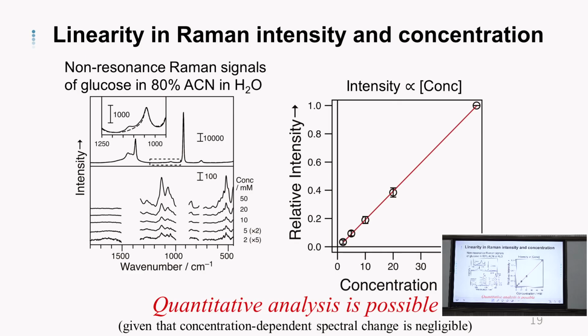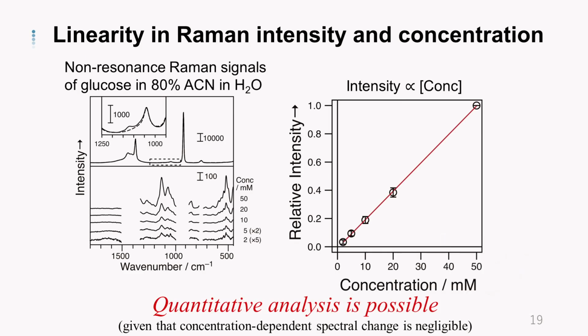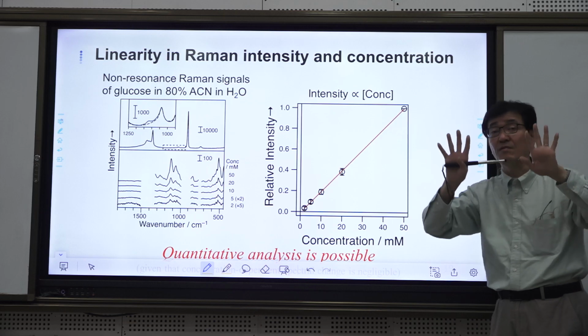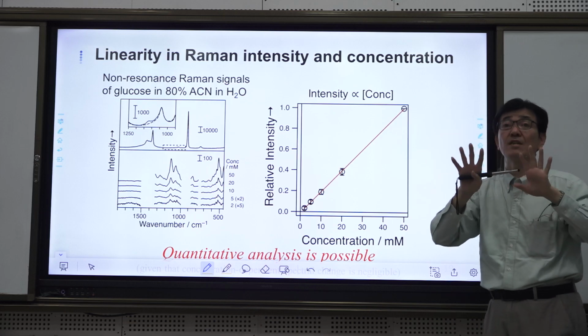Okay. Yesterday, I explained the intensity pattern of the Raman spectrum is intrinsic to each molecule, so it is called molecular fingerprint. So it's possible to distinguish different molecules by checking difference in the intensity pattern in detail.